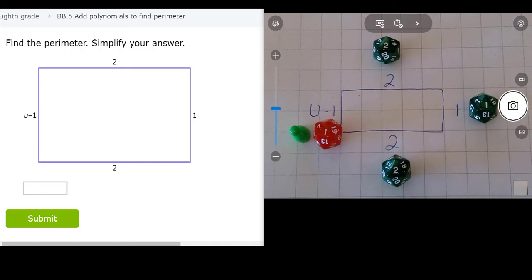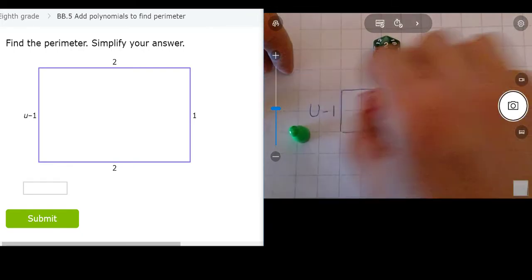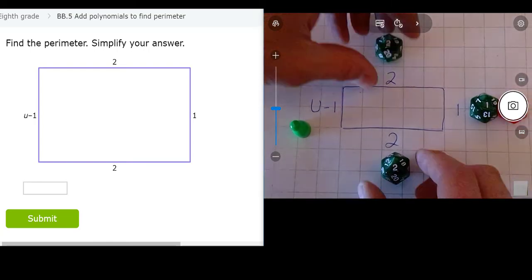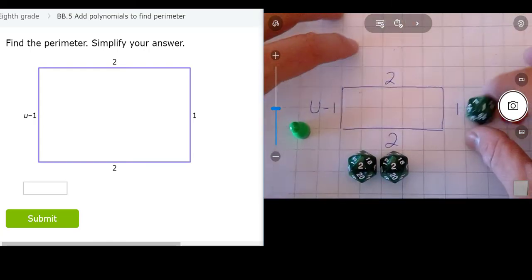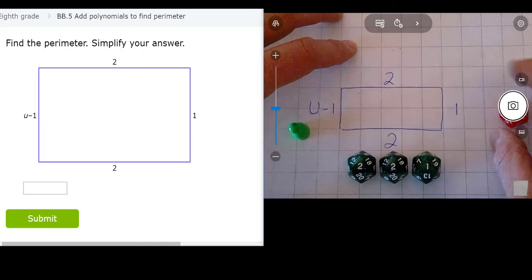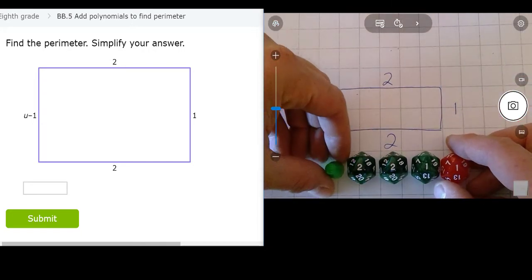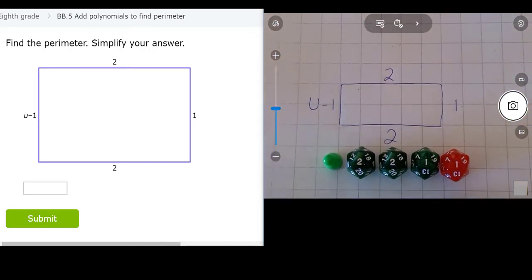Now, as we use the commutative property to figure out what our expression is going to be to represent this perimeter, we're going to start moving things around. And one of the things that I notice right here: what do we call a positive and a negative that are the same number but opposites?